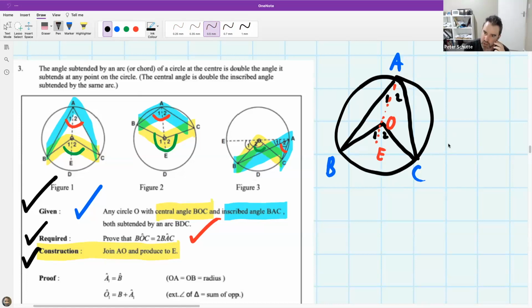All you need to know for this theorem, there's no congruency, is if you say, let A1 equal X, what is the size of angle B going to be? I'll make it a green dot just to make it a bit easier. So if I say A1 is X, what is the size of angle B going to be? Okay, it's going to be X, and the reason it's going to be X is because of radii.